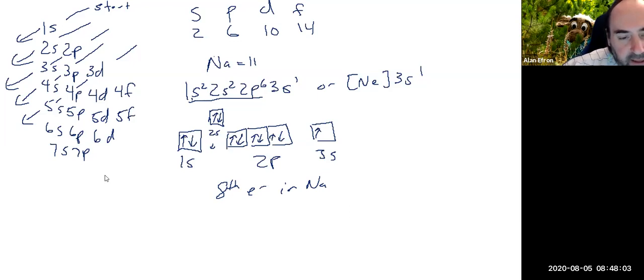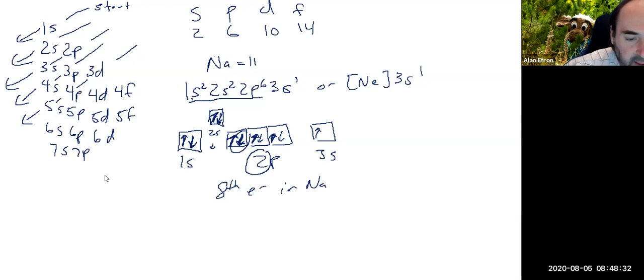The 8th electron would be 1 this way, 2, 3 and 4, 5, 6, 7, and 8 coming this way. And it's actually this one. And that's important because it is heading downward. And what that means is it's in the 2p orbital.